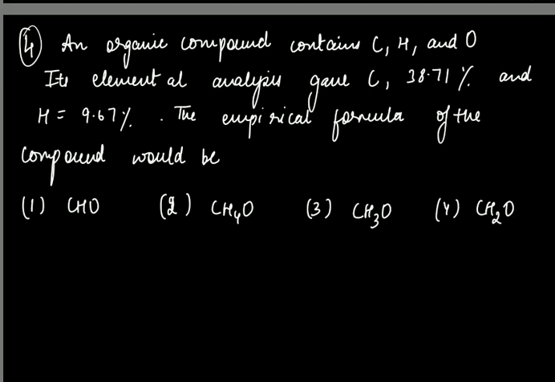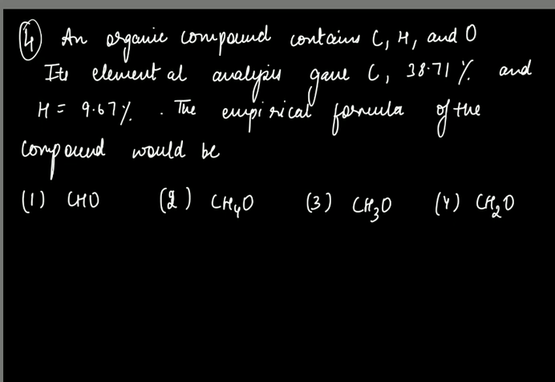Now this is based on empirical formula. An organic compound containing carbon, hydrogen, and oxygen. Again, if you have seen my empirical formula video, or if you already know how to calculate it, then you can understand better. So its elemental analysis gave carbon 38.71%, hydrogen this much. So obviously the third one you have to calculate.